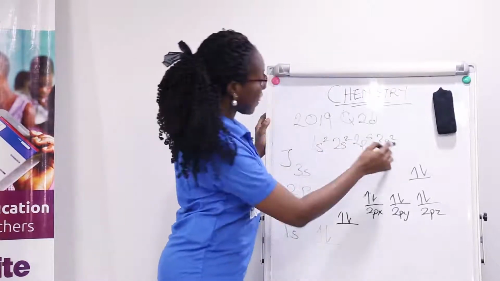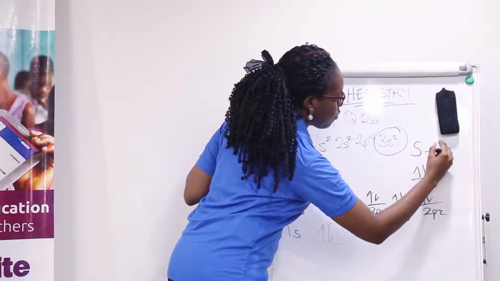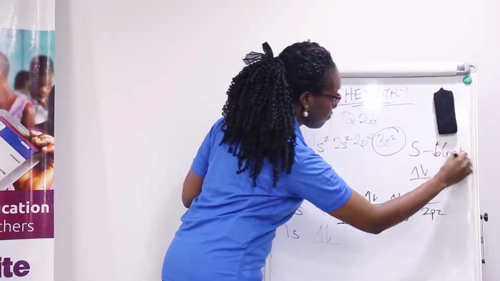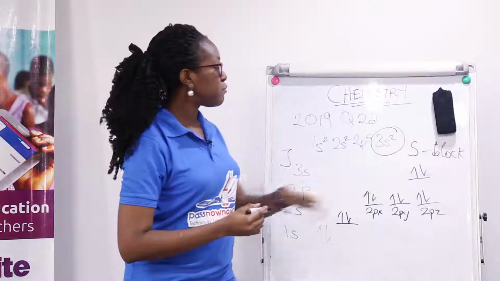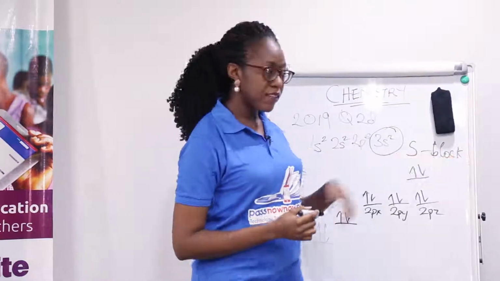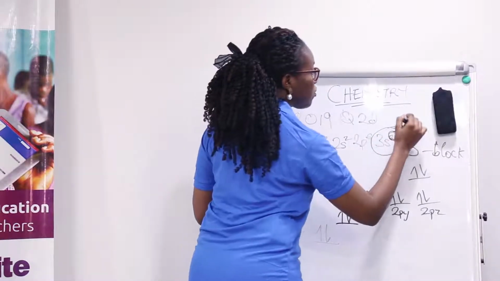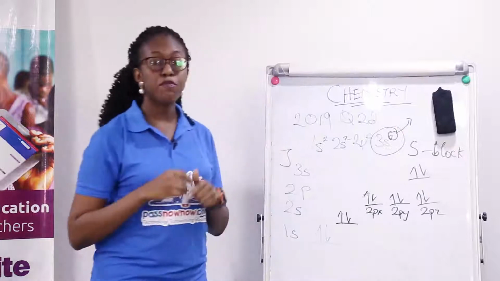We can see here that J belongs to the 3s block. And elements in the S block are known to be good reducing agents because they can easily lose the 2 electrons to become stable.